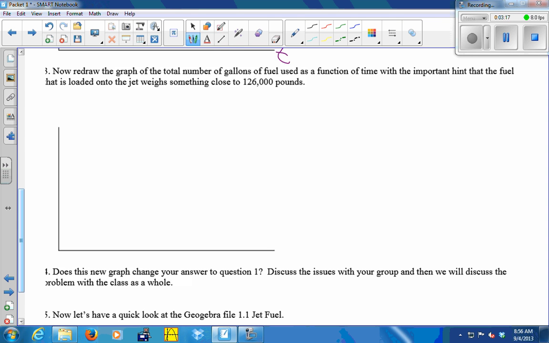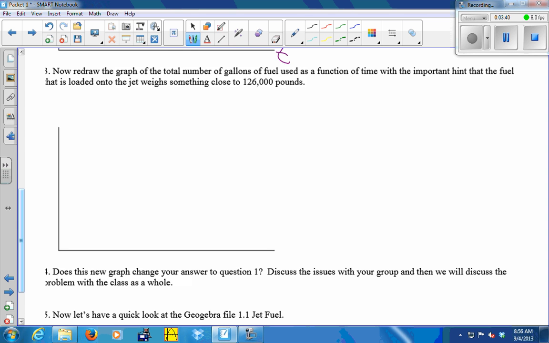So what does that tell you about the amount of fuel it's going to take to move the plane? It's going to go down. At first, it might be more than we expected because 126,000 pounds is a lot. But then why is it going to go down? The plane's going to get lighter as you burn the fuel, right?